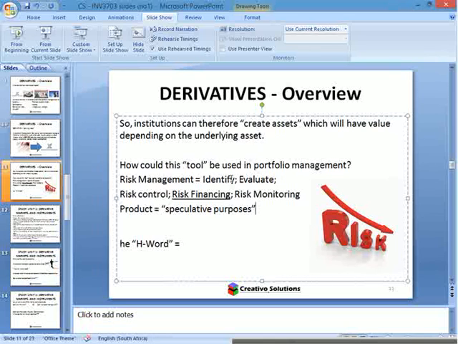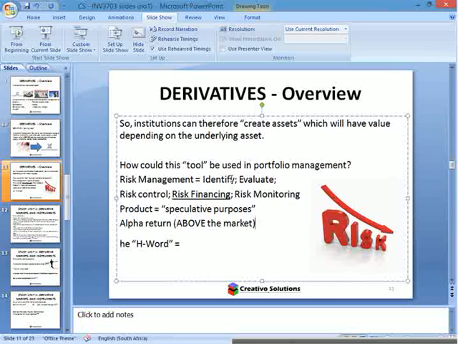A portfolio manager could potentially yield even greater returns, and that's how managers achieve alpha returns, which are above average market returns.